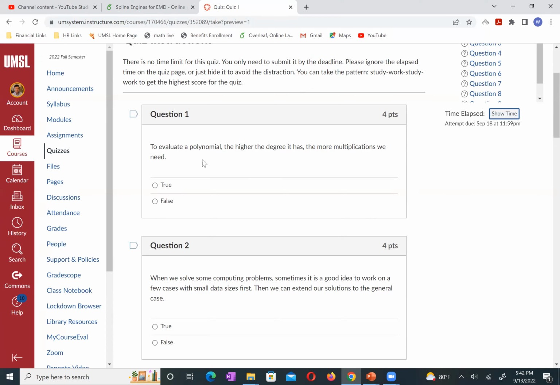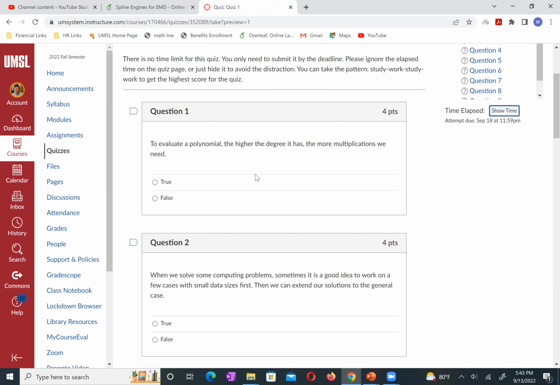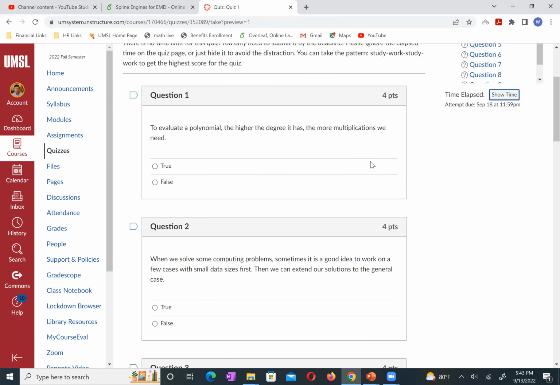For question 1, to evaluate a polynomial, the higher the degree it has, the more multiplications we need. Here, I'd like you to tell me if the statement is always true. The reason is this: some students may feel sometimes it is true, or most of the time it is true, then they choose true.